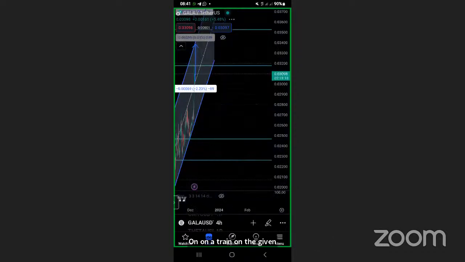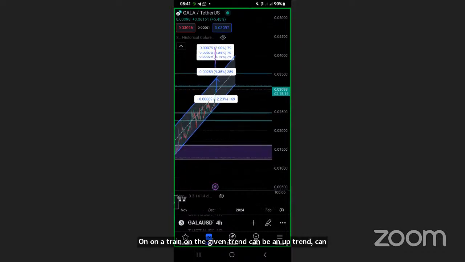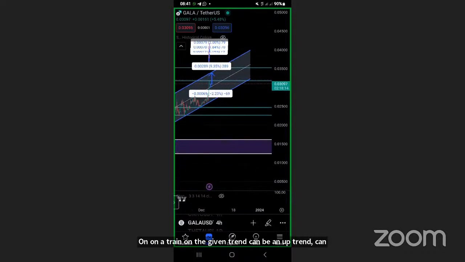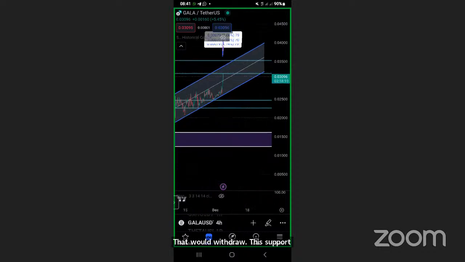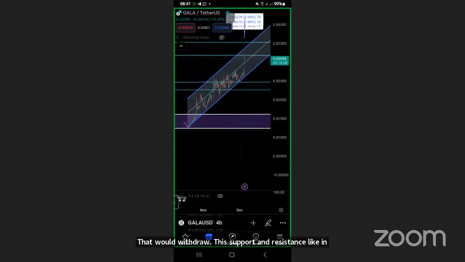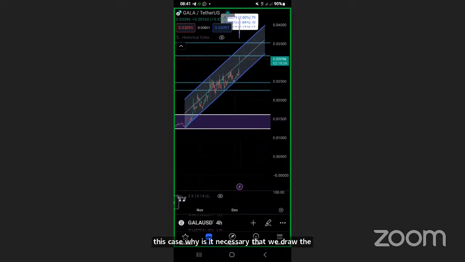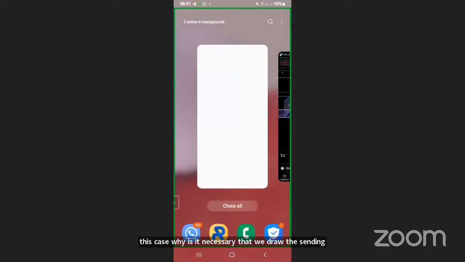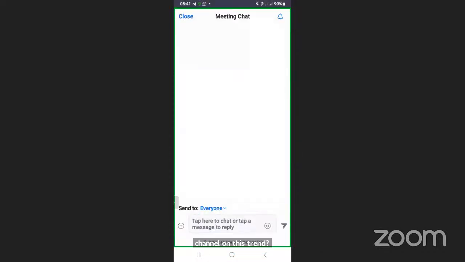It can be an uptrend, it can be a downtrend. Why is it necessary that we draw this support and resistance? Like in this case, why is it necessary that we draw the ascending channel on this trend? Any response? I said there are about 4 to 5.